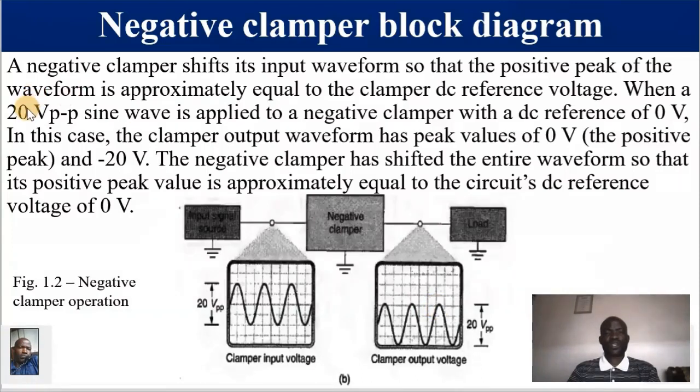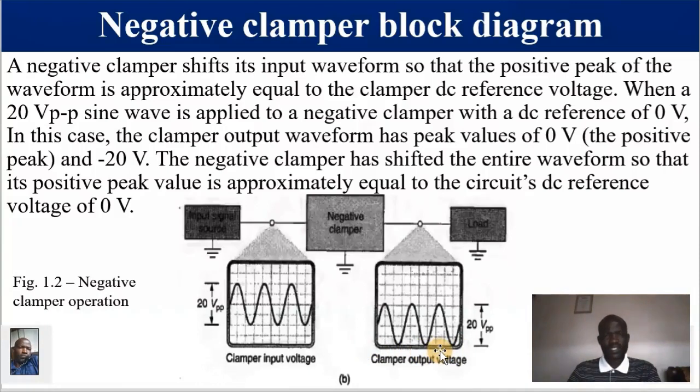So when a 20 volts peak to peak input signal is applied to a negative clamper, this block diagram, with a reference voltage of 0 volts, the clamper output has a maximum peak value of 0 volts and a minimum of minus 20.